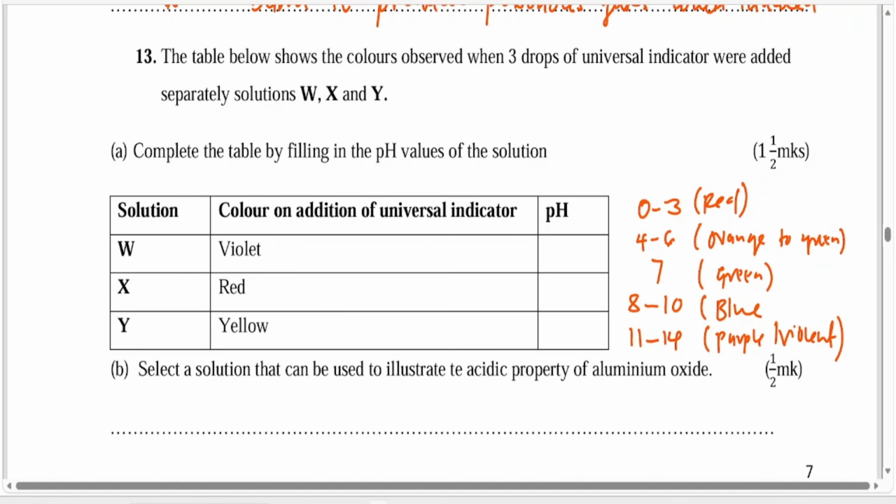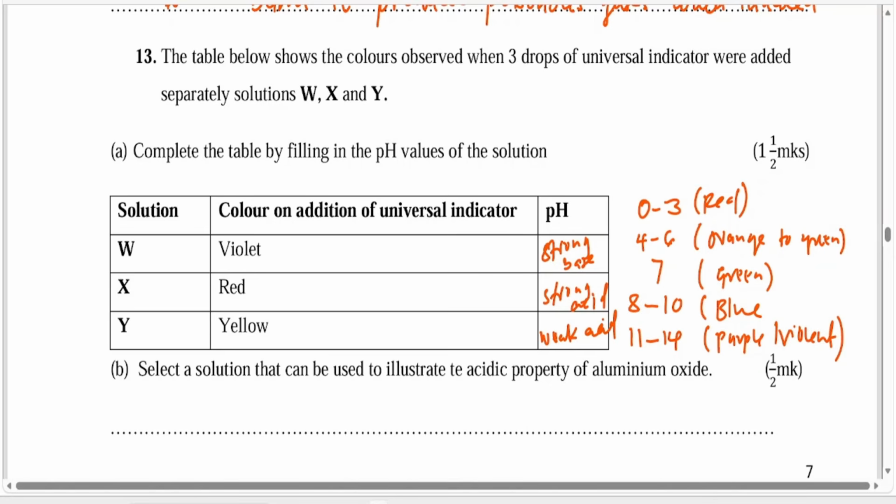We have violet, which is a strong base. Red is a strong acid. Yellow is within the weak acid range. This is a weak acid if it's yellow.